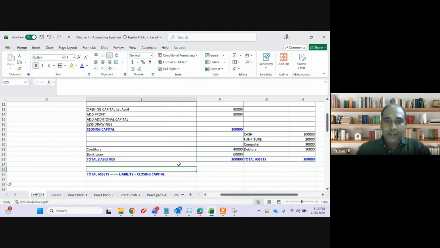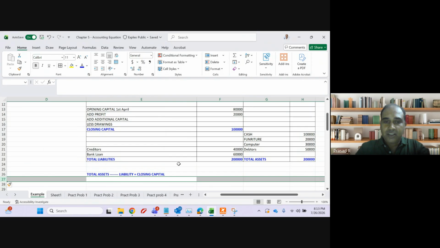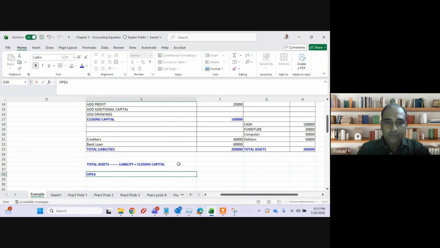Now, between closing capital and opening capital, what is the difference, guys? Opening capital plus add profit, I will get what? Closing capital.